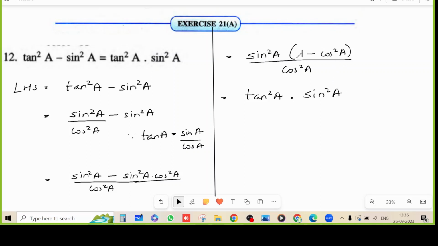So we will replace the bracket here with sine square A. Now this is the right hand side, what we wanted to prove. So this is proved.